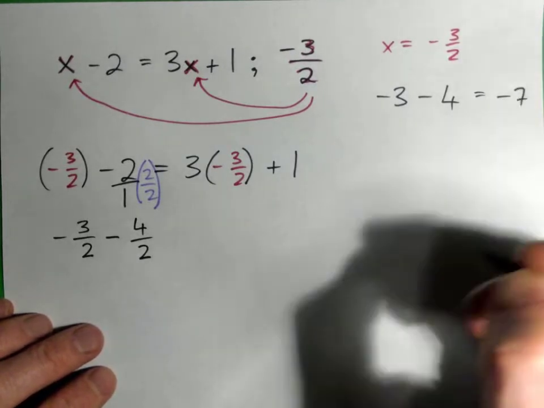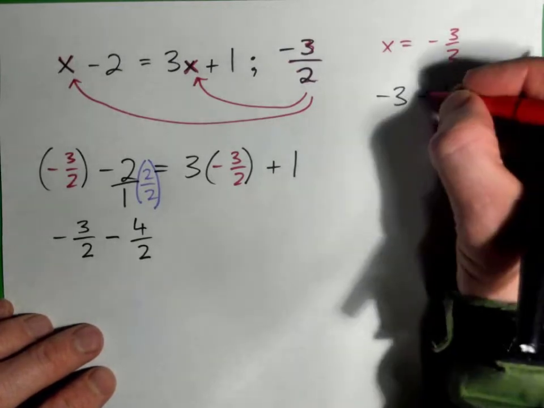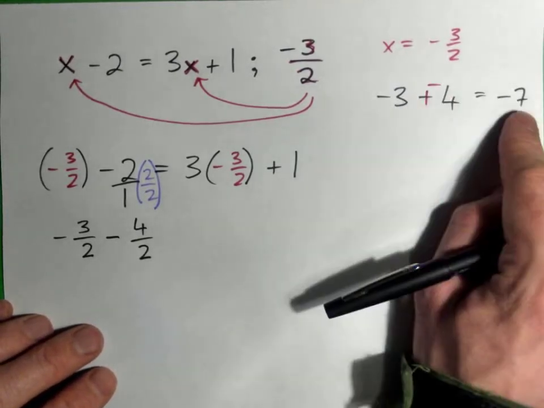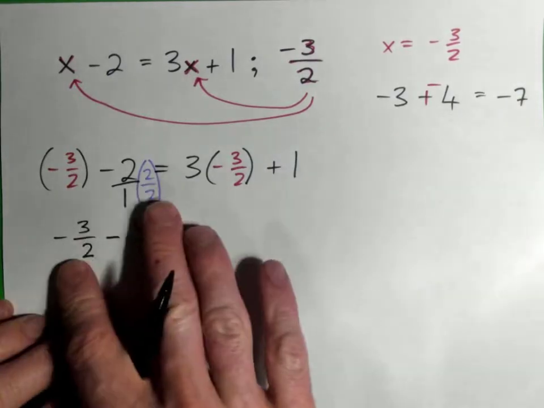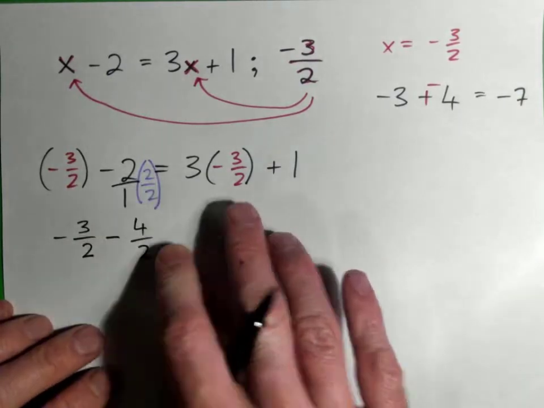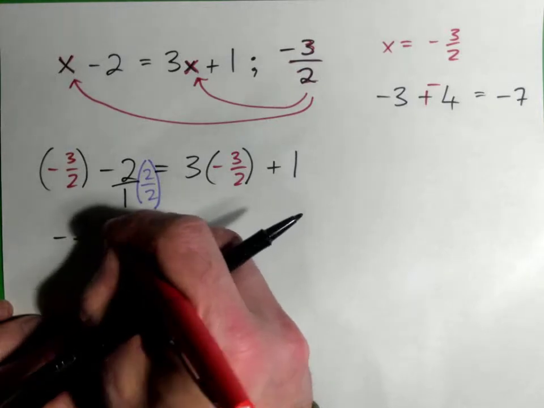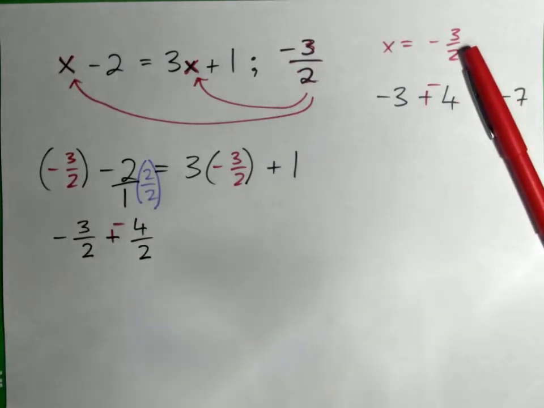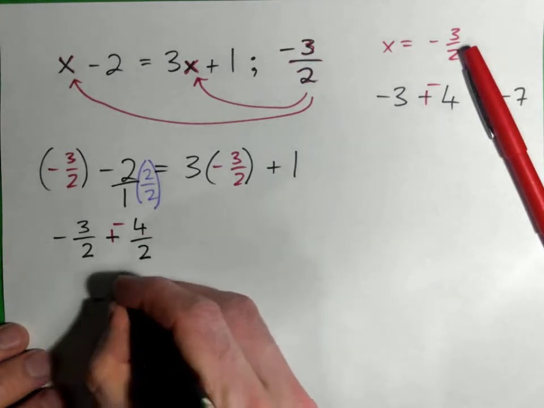And you can go plus negative. Negative 3 plus negative 4 is negative 7. Okay with that? So this is similar, but it's 3 halves and 4 halves. So you've got negative 3 halves plus negative 4 halves. What does that make? Negative 7 over 2. Yep.